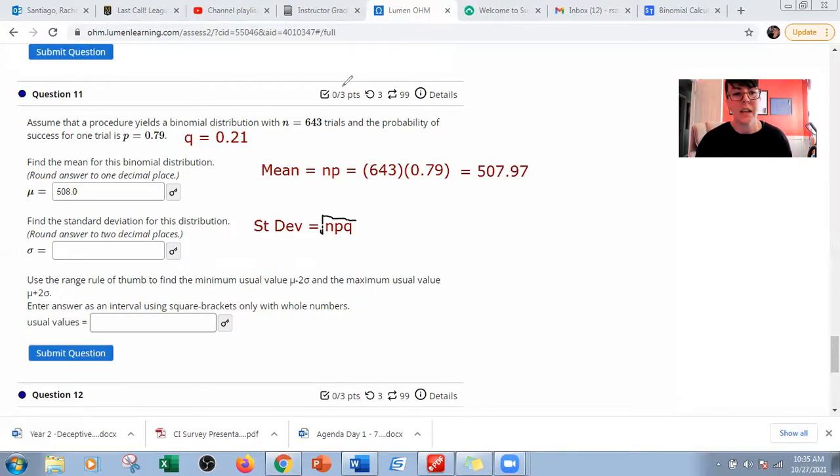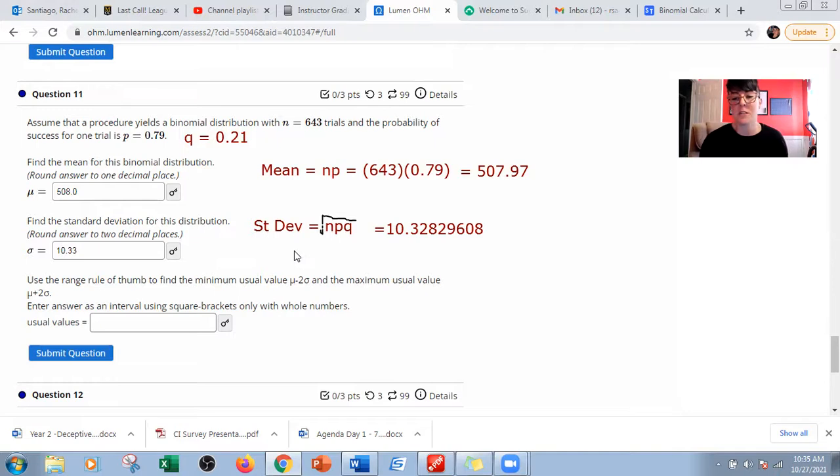We want to round this answer to 2 places after the decimal. And in the calculator, I get 10.32829608. 2 places after the decimal tells us that we are going to write 10.33 as the standard deviation.